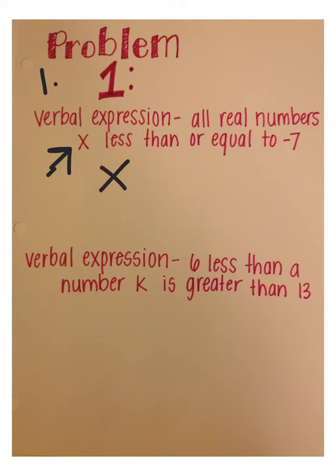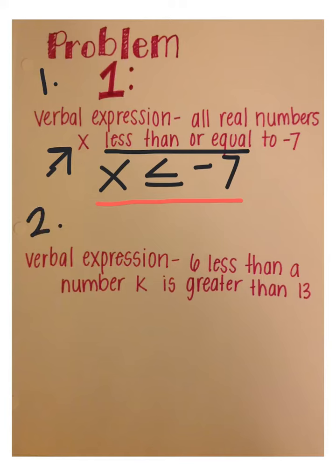It also tells us that x is less than or equal to, so I write my less than or equal to inequality symbol. And last but not least, it tells us that these real numbers x are less than or equal to -7. So my inequality to represent this first word phrase is x is less than or equal to -7.